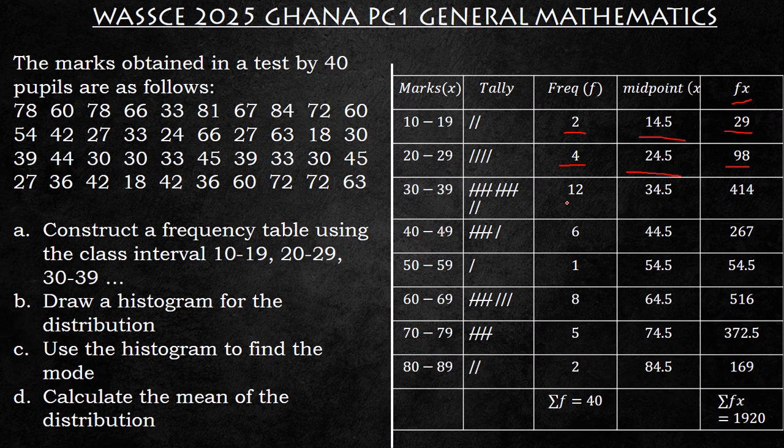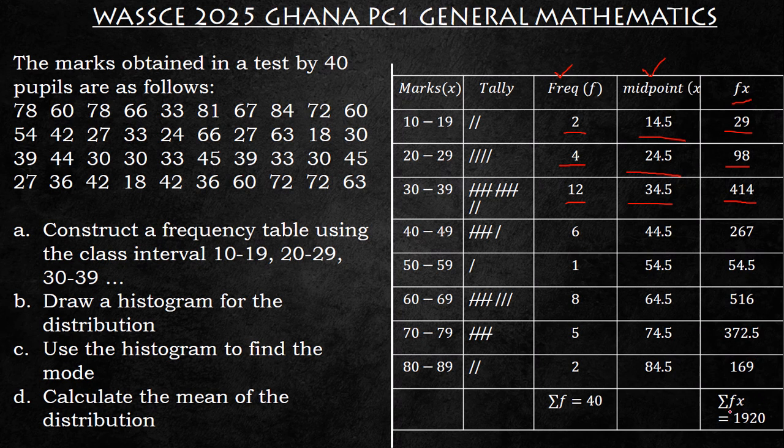Then 12 times 34.5, that is 414. So we do this all the way until we get to the last one. So this is going to be our fx. It is the frequency, that is the f, multiplying the midpoint, that is the x. This is what we get for that.